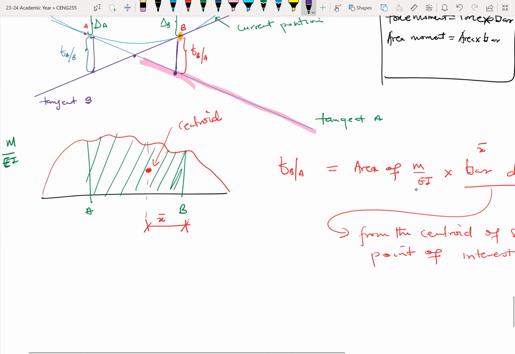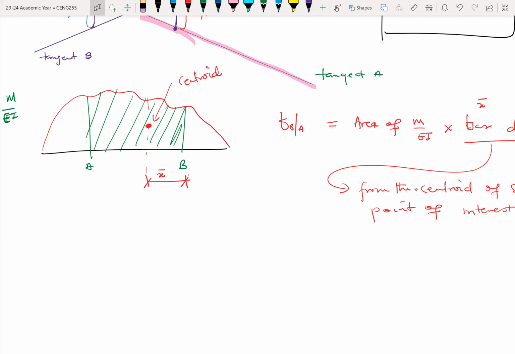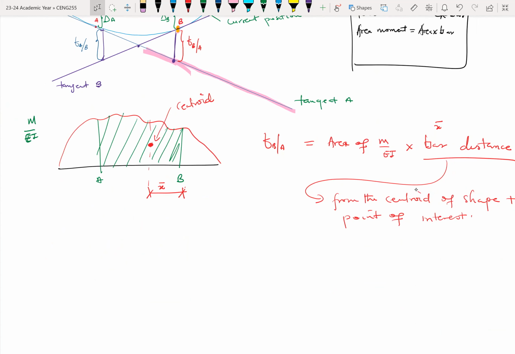Again, the same idea. TAB will be equal to the area of the M over EI diagram, which is between A and B, times the perpendicular distance.